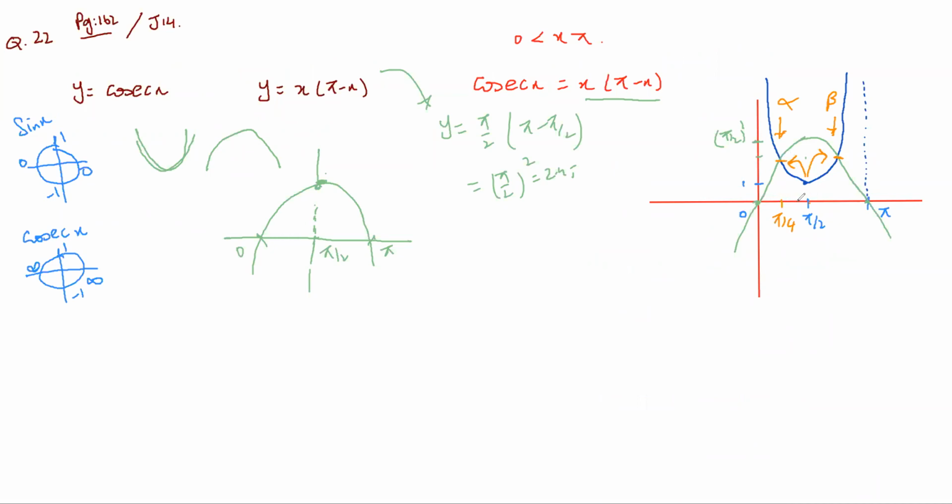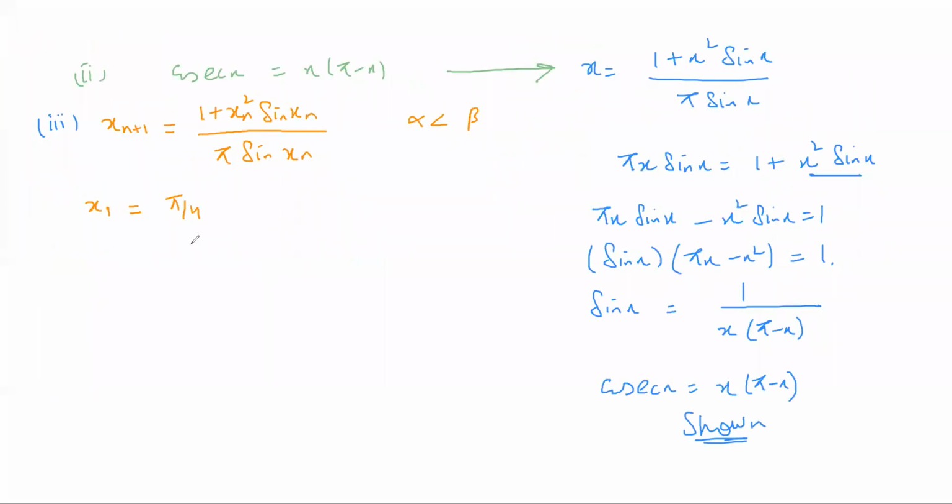You can even start from 1.5, because pi is 3 point something, so half of that is more than 1.5. If you take 1.5, you will definitely reach that alpha. Do you understand why I took this pi by 4?